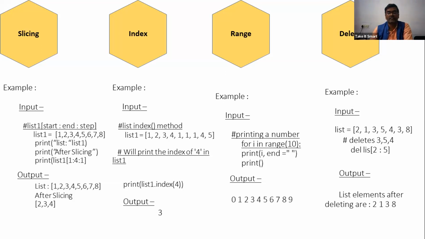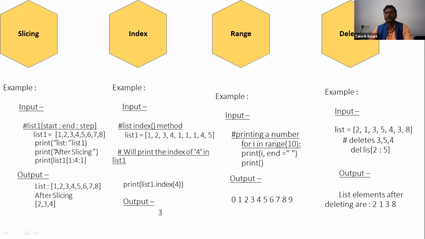Fine. So this is range. Print i. For i in range 10, where i is not defined anywhere, it will start from 0 and go up to the end of the range.